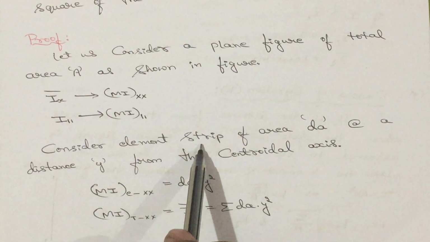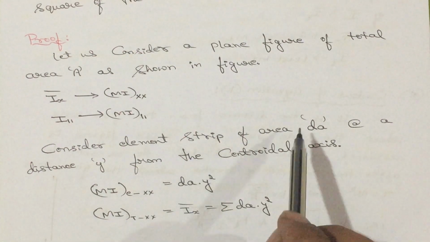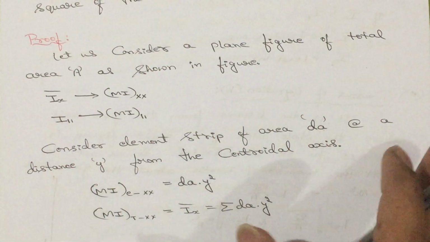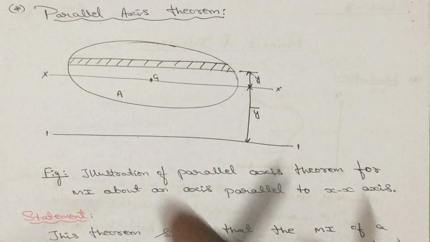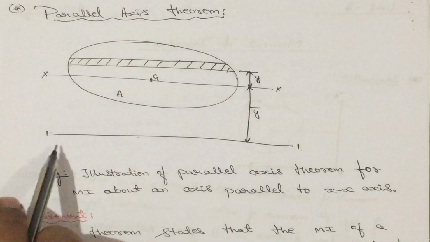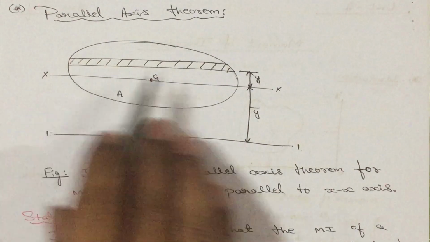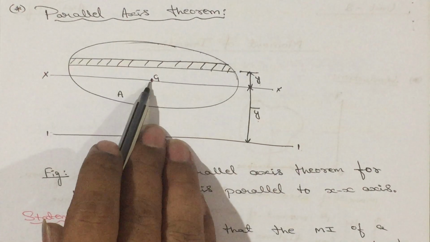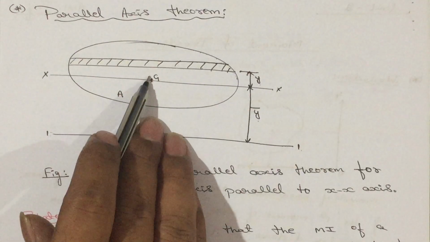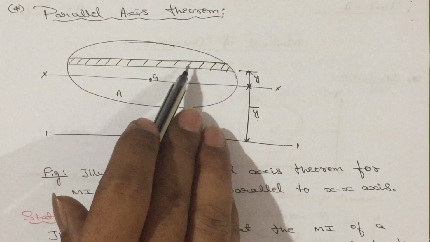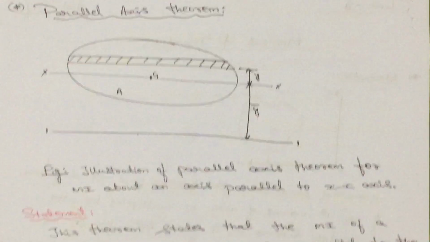Now consider an elemental strip, a small strip of area dA at a distance y from the centroidal axis, like here in the figure. We considered the area A and one reference axis 1 1, then the xx axis will be the centroidal axis passing through the centroid. The distance from the reference axis to the centroidal axis is y bar, and from the centroidal axis to the elemental strip is y.